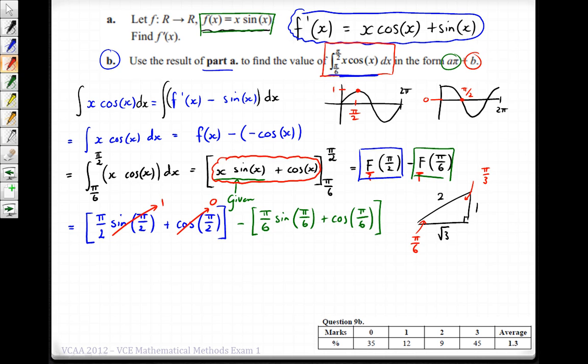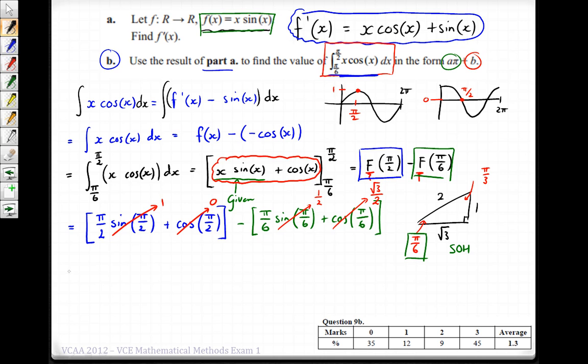So we're dealing with the pi on 6 case exclusively in the green, so just this. We know that sine is opposite over hypotenuse, so the opposite of this is 1, and the hypotenuse is 2. So sine of pi on 6 is just 1/2. Cos of pi on 6 is the adjacent, root 3, on the hypotenuse 2.